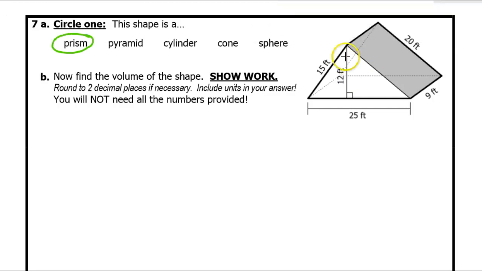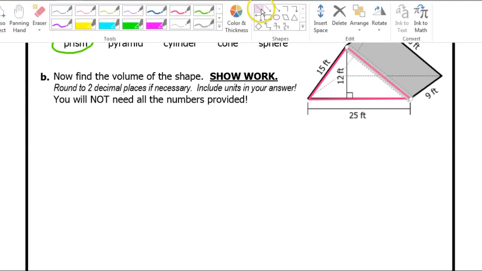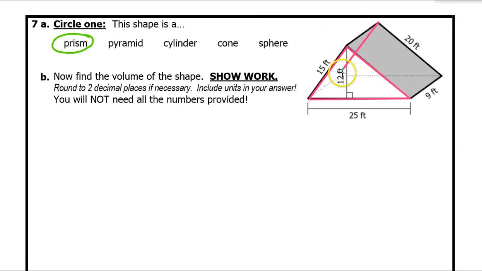So when I look at this, I see a triangle on this end, and then I see another triangle on the other end. Because I have two congruent shapes across from each other, I know this is a prism.